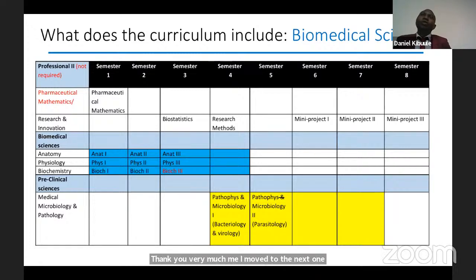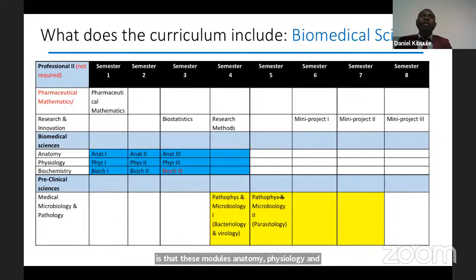So apart from the professional skills, our curriculum also builds on a background of biomedical sciences. And just really to show again that our students are introduced to anatomy, physiology, and biochemistry. And what we are changing in the transformed curriculum is that these modules, anatomy, physiology, and biochemistry, will be aligned.